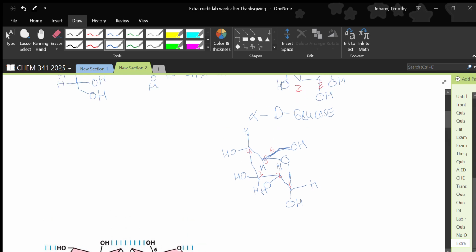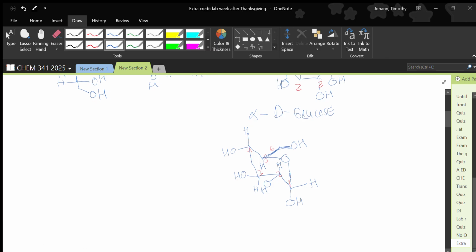Questions on that? Yes? When you're drawing the axial, how do you remember which direction it goes? That's a good question. Let's draw a chair again.